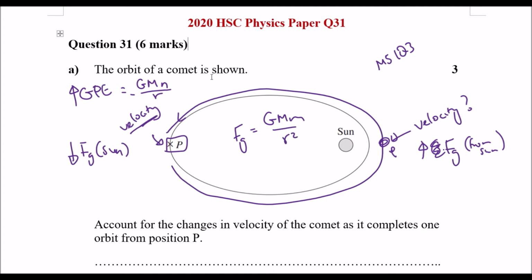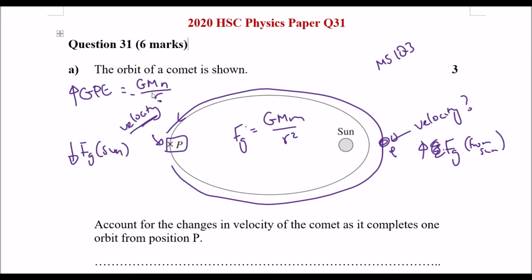Okay, so if we have a look, in this position P here, the radius is quite far, or r at position P here is much bigger than this position here.